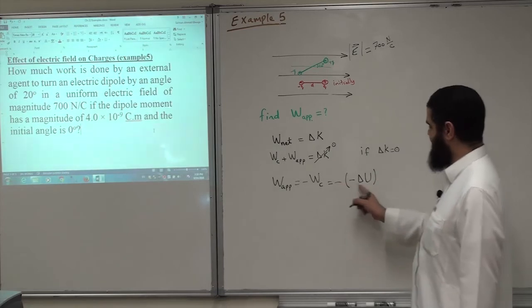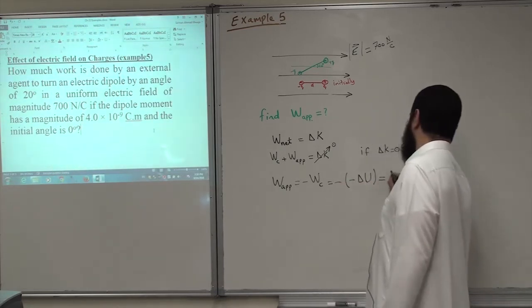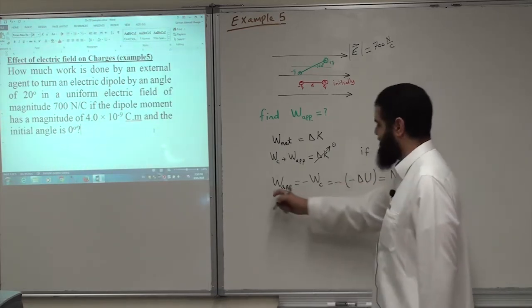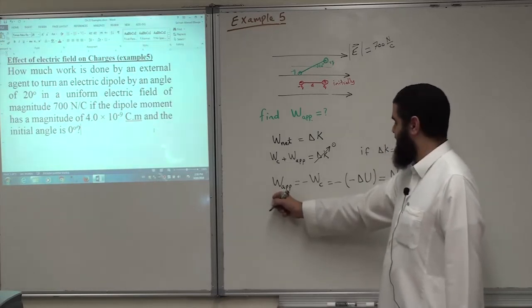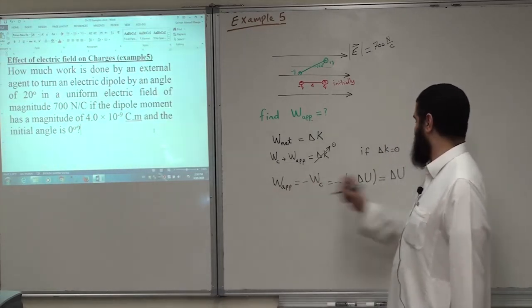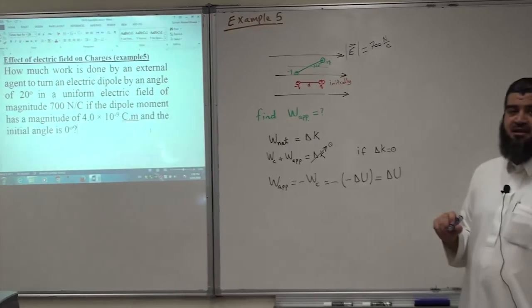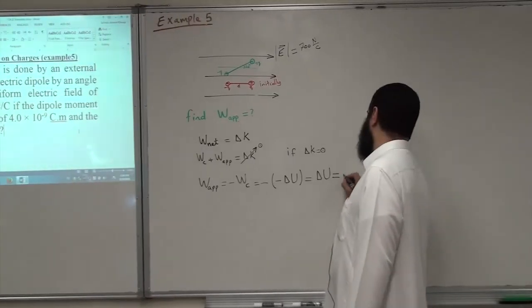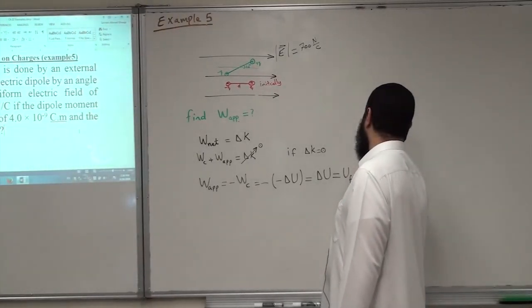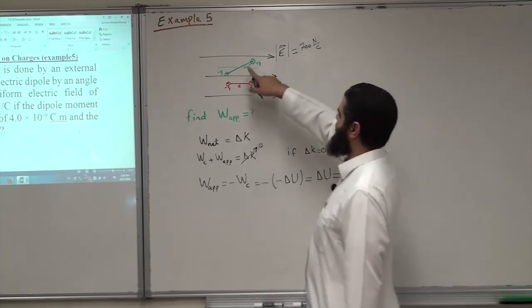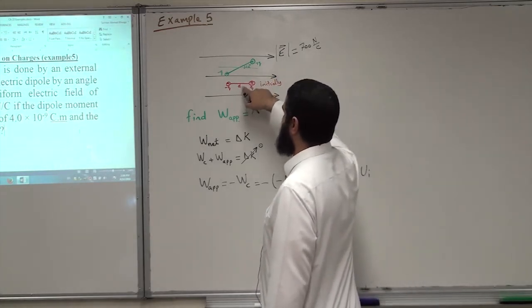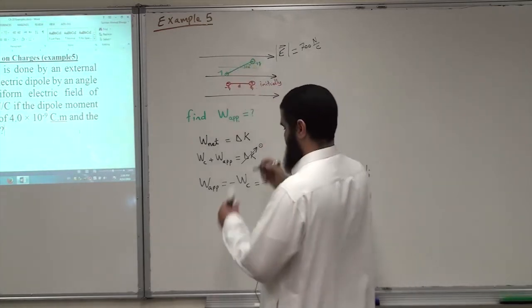So minus minus leads to delta U. So the work done by the applied force, or the external agent, is the change in the potential energy. This is nothing but U final minus U initial.